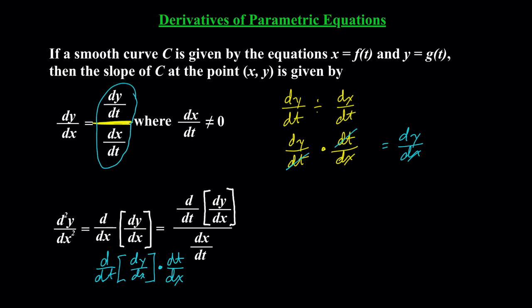Now when you multiply by dt/dx, that would be the same thing as dividing by dx/dt. So you're going to take the derivative of dy/dx, which is what you end up with up here. Take the derivative of this, which would possibly involve your quotient rule. And then you're going to divide that by dx/dt, which is just the derivative of your original x component.